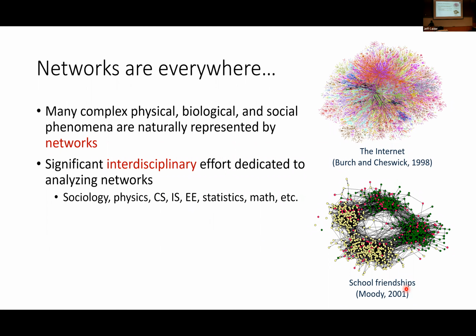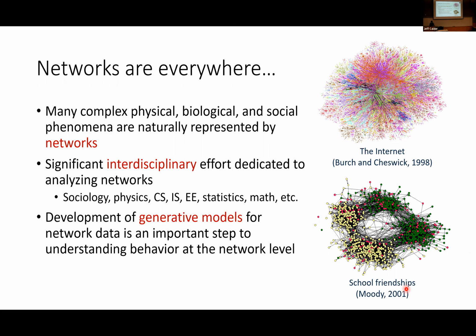And so you have many different complex systems that are naturally represented by these kinds of relations or networks. And there's been a significant interdisciplinary effort dedicated to analyzing networks. This field of network science is very interdisciplinary. So early contributions from sociology, and then leading to the physicists, computer scientists, information science, electrical engineering, stats, math, and so on. And what I want to focus on today here is the generative model.